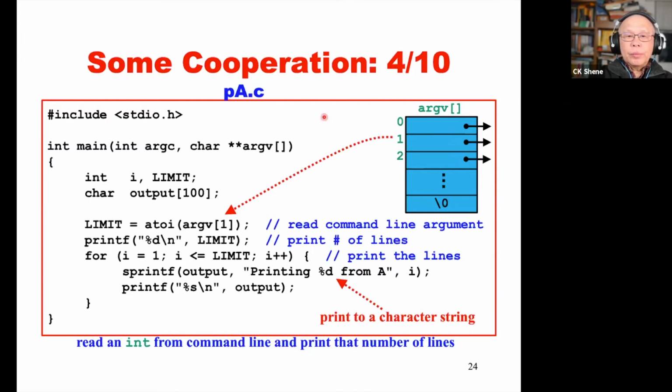Here, the first line, we retrieve argument 1, which is supposed to be a string of digits, a positive number.